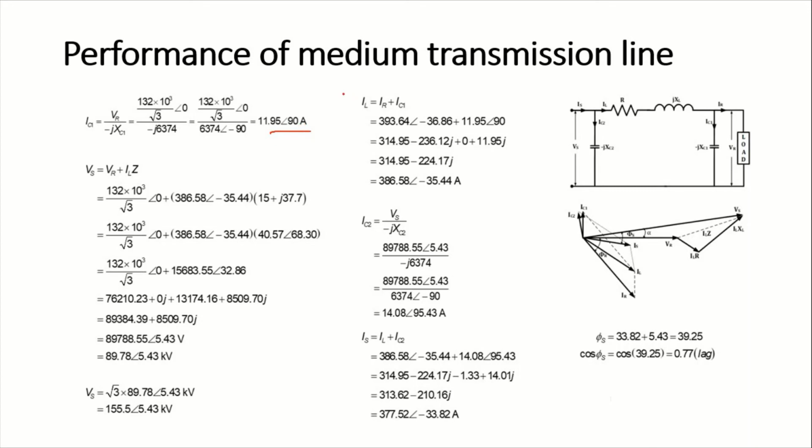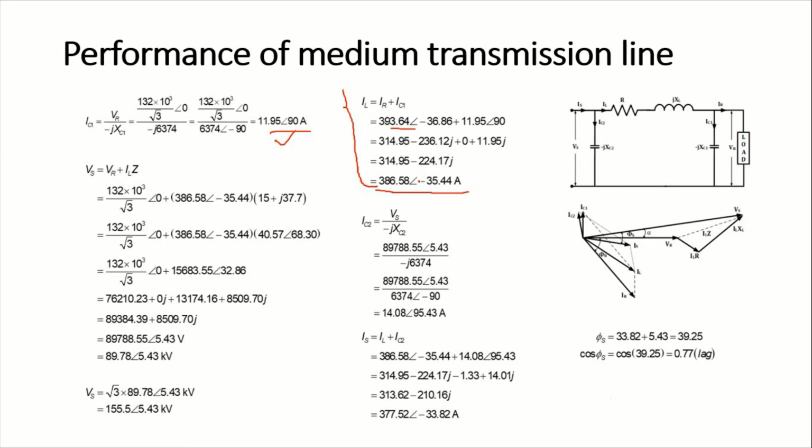From this, the value of IL can be calculated. IL is equal to IR plus IC1. The IR value is this, and the IC1 value is from this equation. So IL we get is 386.58 angle 35.44. Clear?